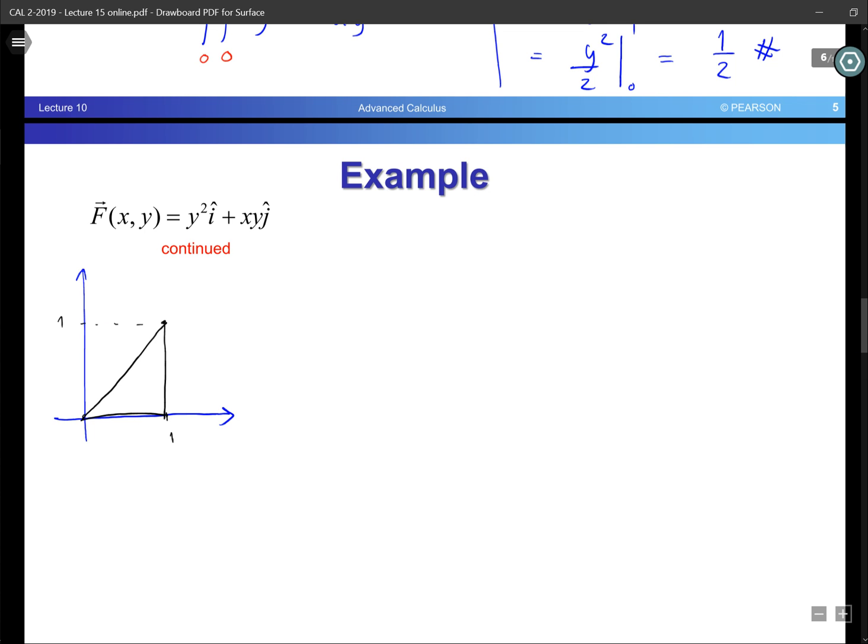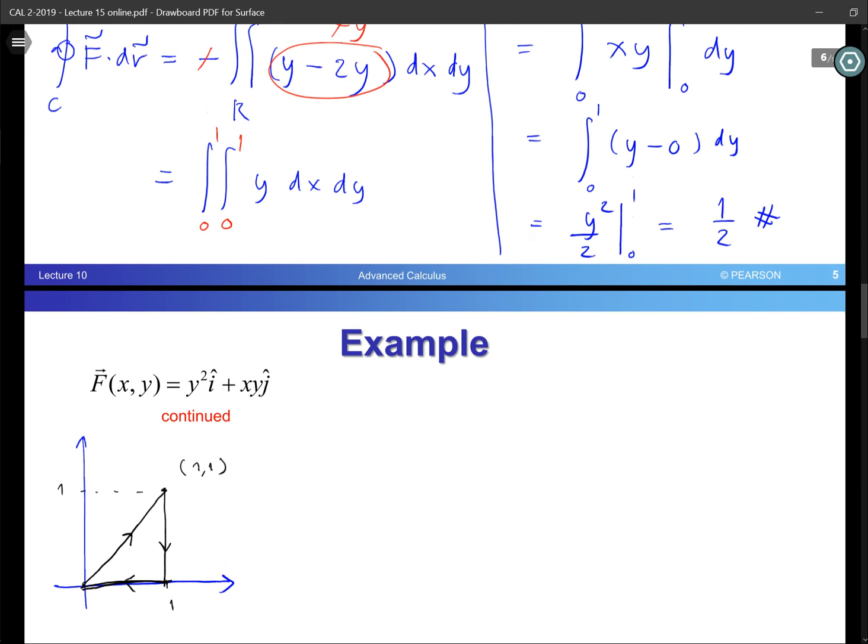What are you going to do? Starting from this point, circulate just like before in a clockwise direction. This point is (1, 1). Don't get confused about this; we need to check the conditions. First, is this a closed loop? The next thing we need to check is whether this is counterclockwise or clockwise.